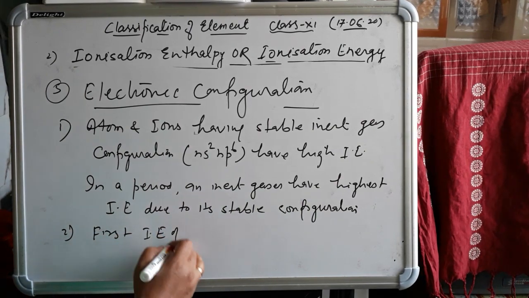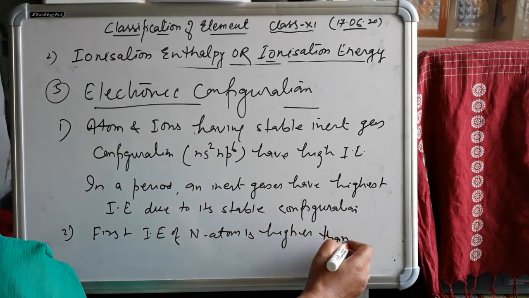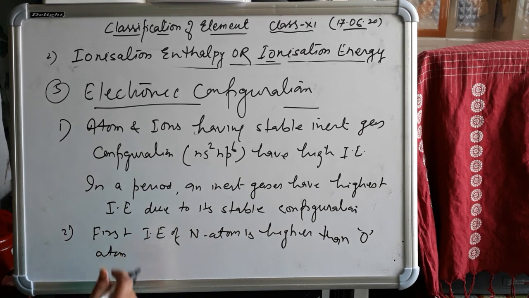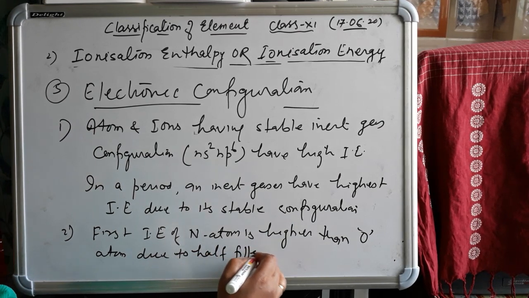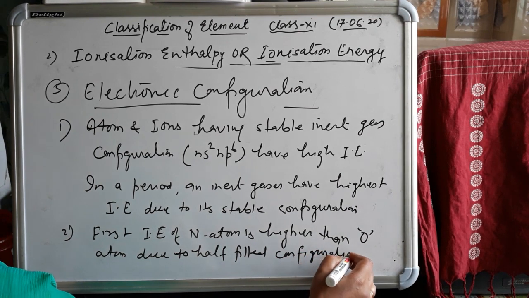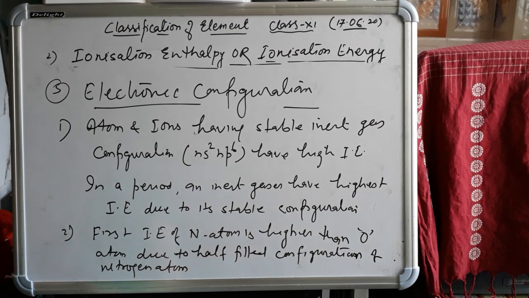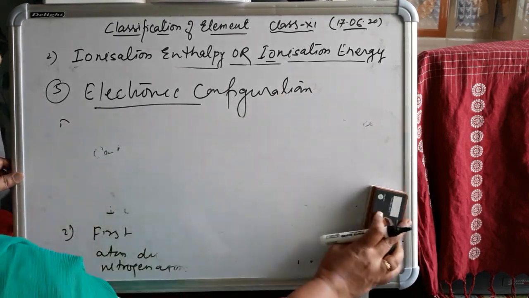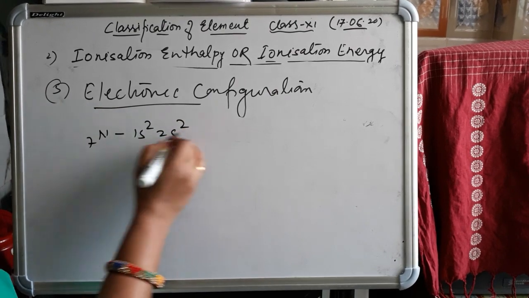The first ionization enthalpy of a nitrogen atom is higher than that of an oxygen atom, because completely filled and half-filled orbitals are more stable than incomplete orbitals. Nitrogen is 1s2, 2s2 and 2p3.